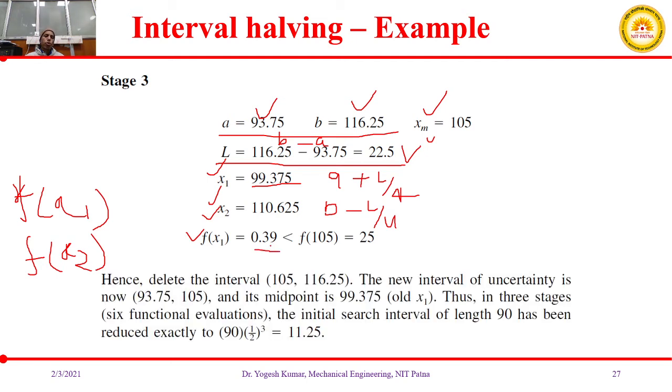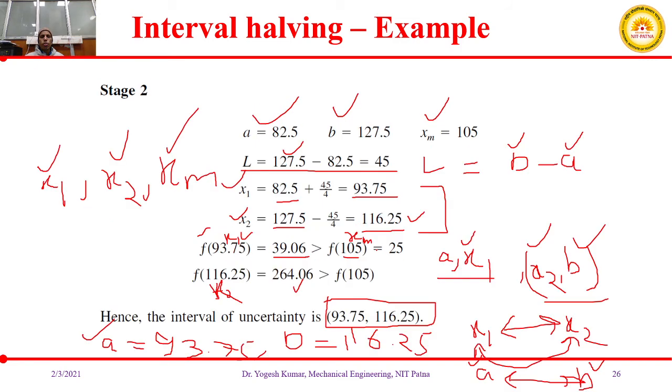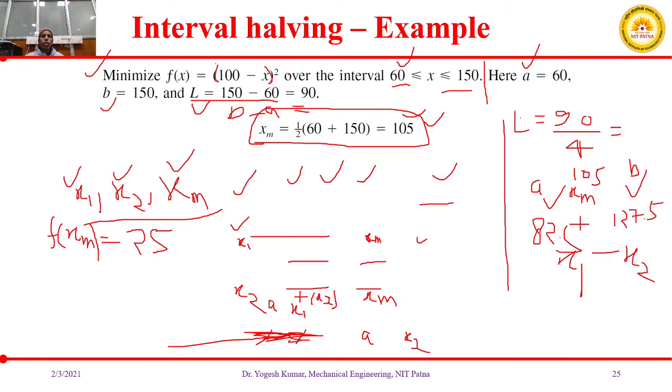We can see fx1 is equal to 0.39. Okay, and we can also calculate the value of the function at x2, which is 110.625. If you calculate the value of fx2, this will be 100 minus x whole square.